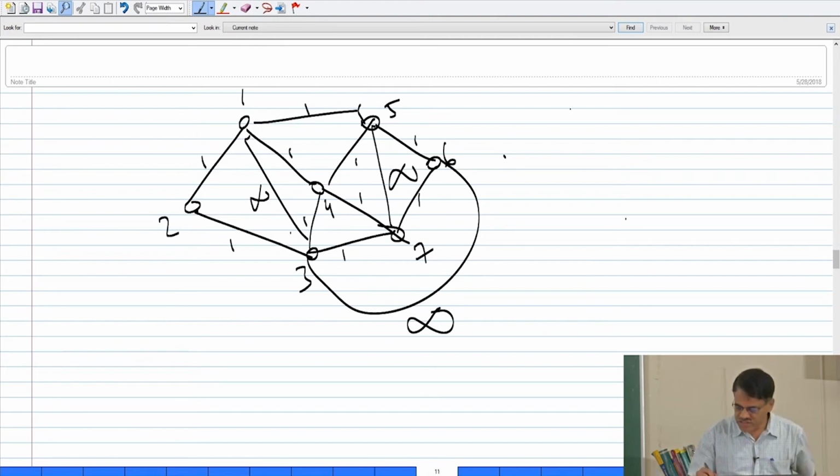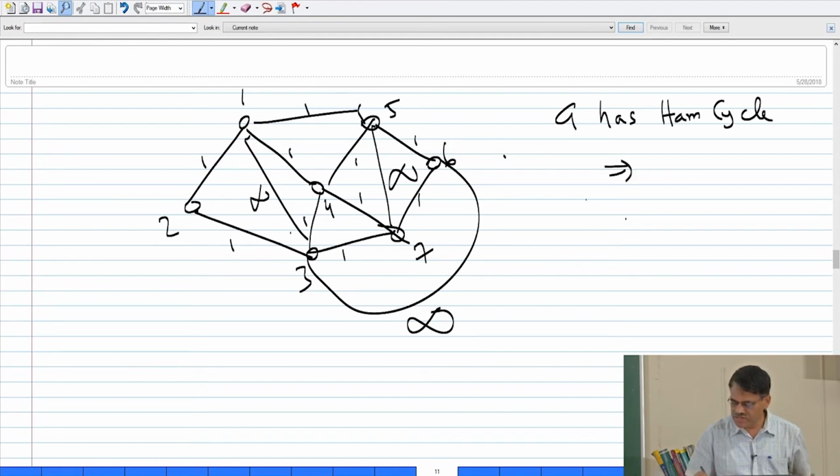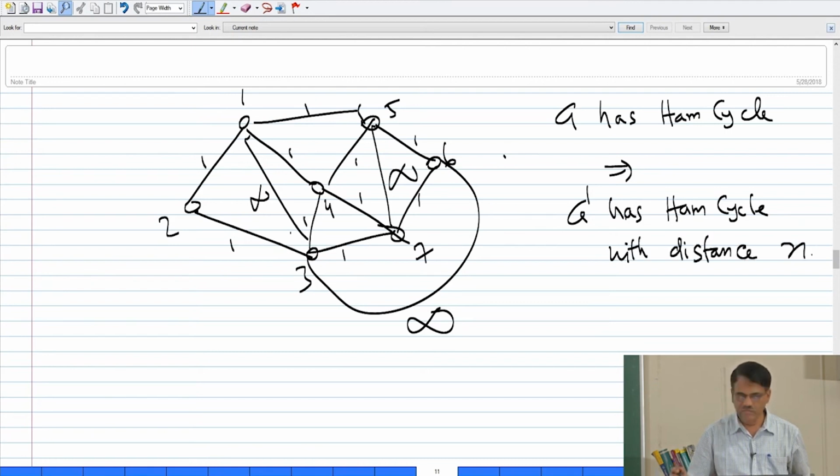So, G has a Hamiltonian cycle implies G prime has a Hamiltonian cycle with distance n. There is nothing less than n possible anyway.